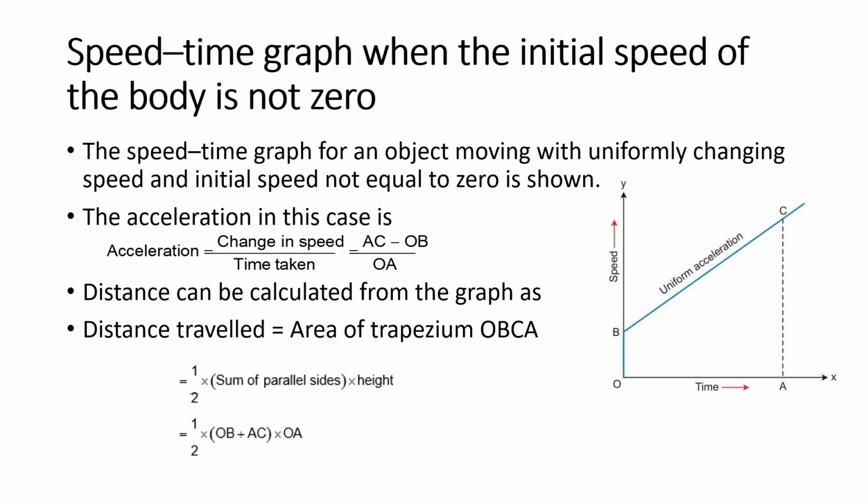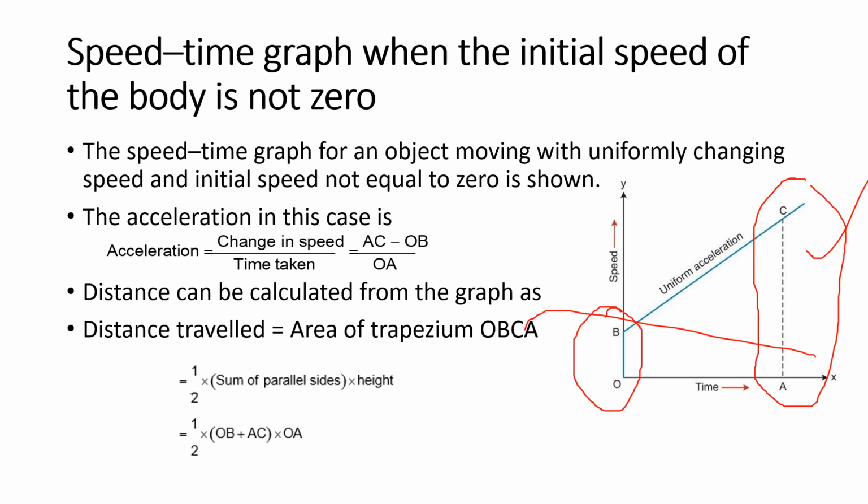Speed time graph when the initial speed of the body is not 0. The speed time graph for an object moving with uniformly changing speed and initial speed not equal to 0 is shown in the graph. Acceleration is equal to change in speed divided by time taken, that is equal to AC minus OB divided by OA.